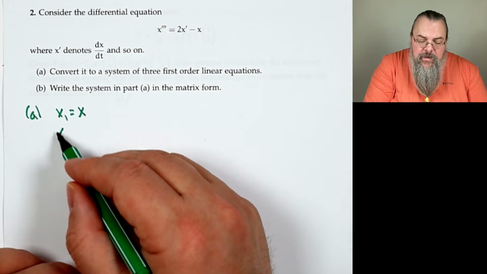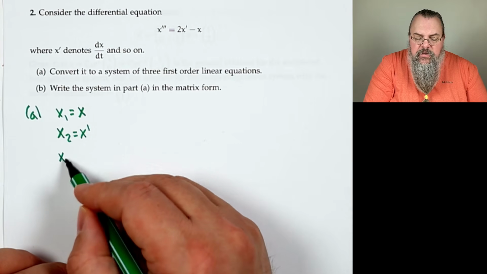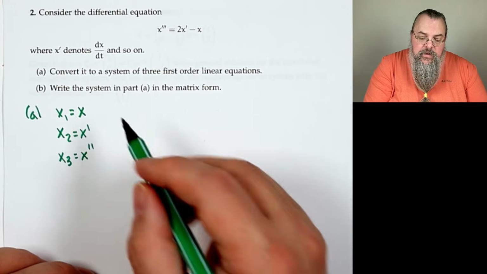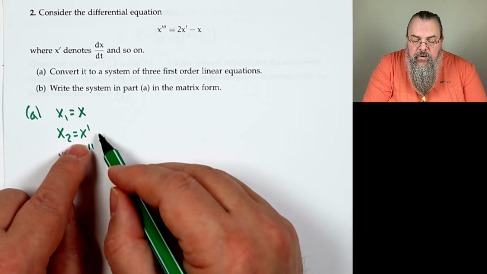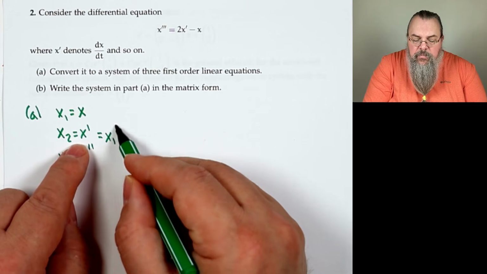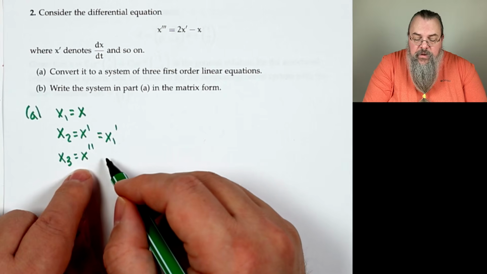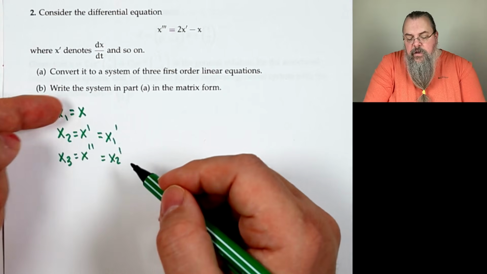Climb the ladder. x2 is x prime. x3 is x double prime. Now, x2 is x prime, which is the same thing as x1 prime. And x3 is x double prime, the derivative of the first derivative, that's x2 prime.